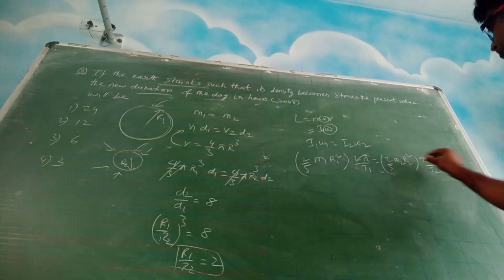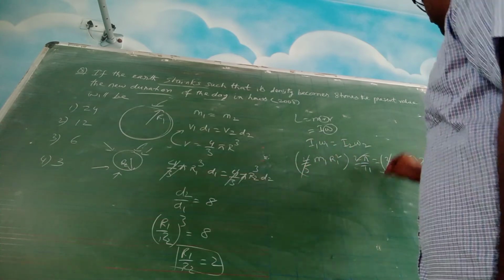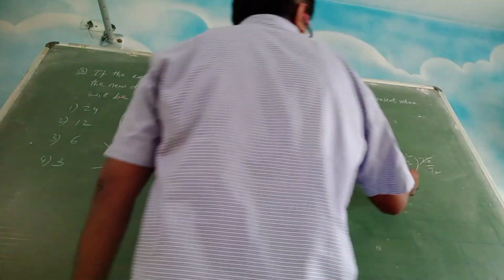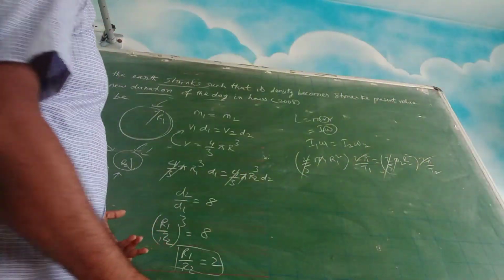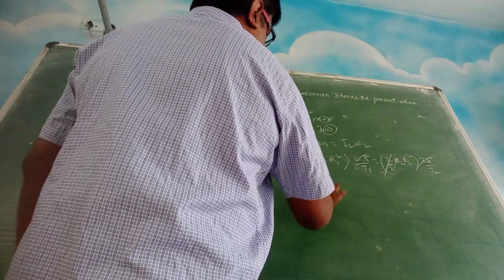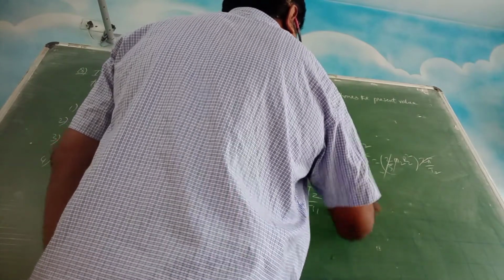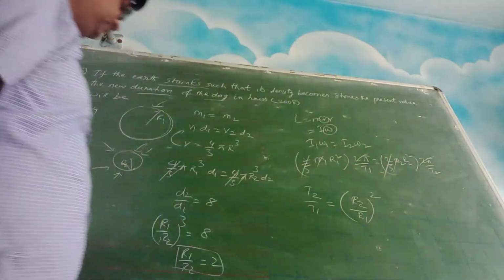So 2 pi is common, 2 by 5 is common, and mass is common. So basically we are trying to find out t2 by t1. So you bring t2 this side. So t2 by t1 is equal to, you are getting r2 by r1 whole square.